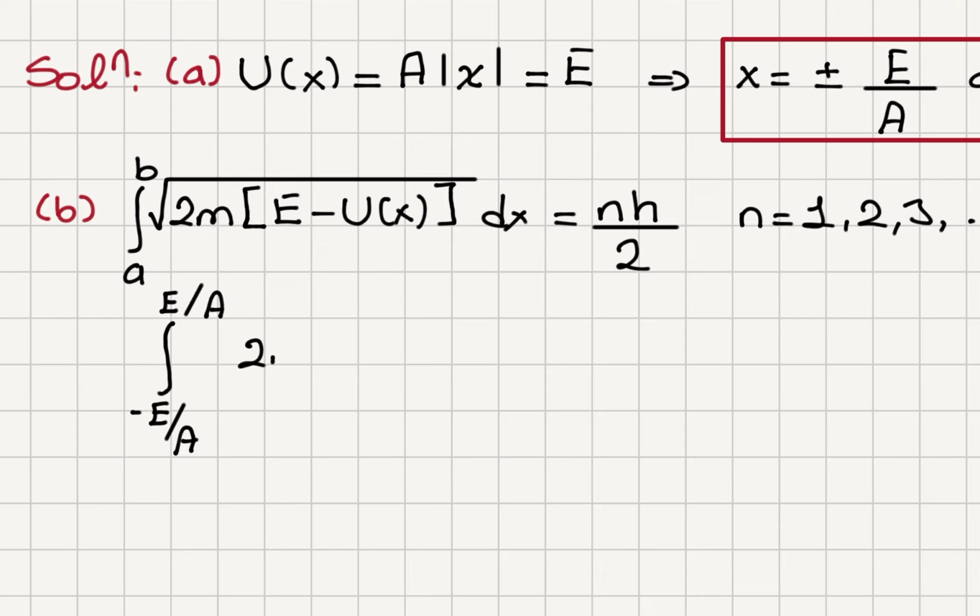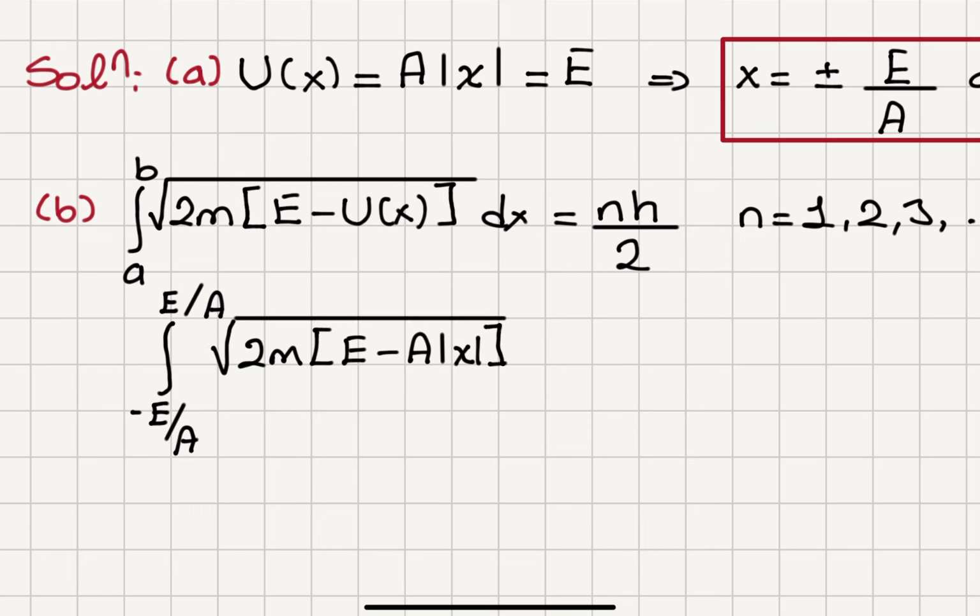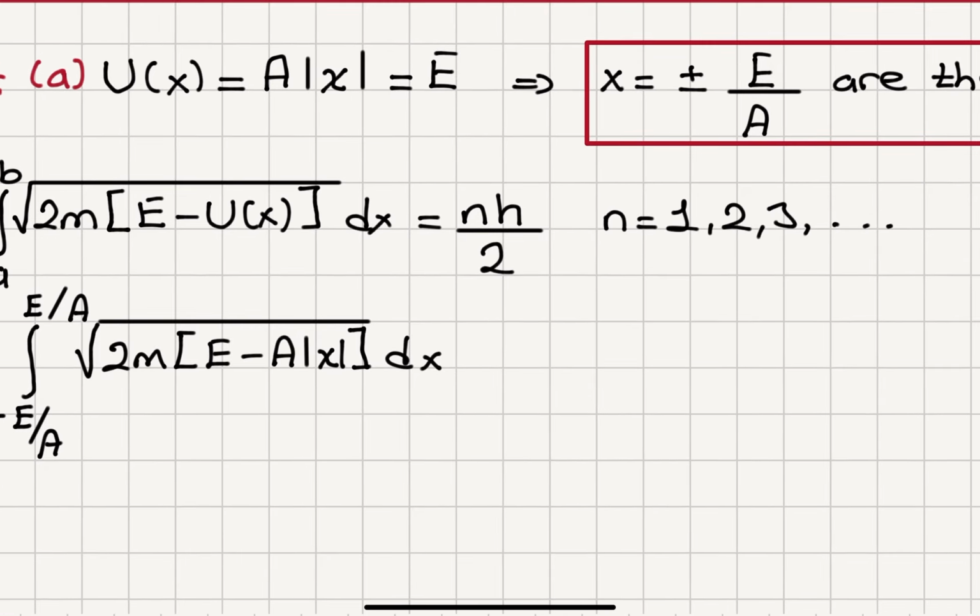So we have the square root of 2m times E minus A absolute value of x inside the square root, dx, and this is going to be equal to twice the integral from 0 to the turning point E over A, because the integrand is an even function: f of x is equal to f of minus x.